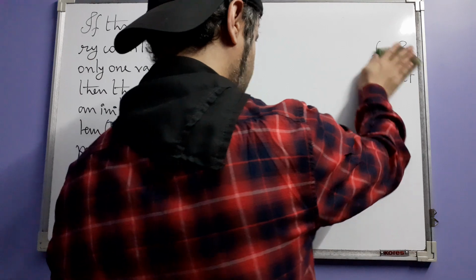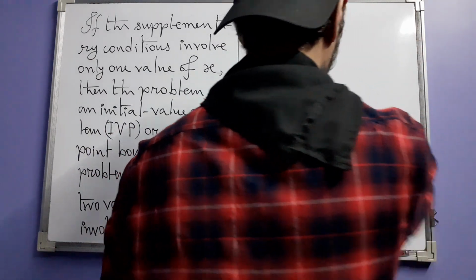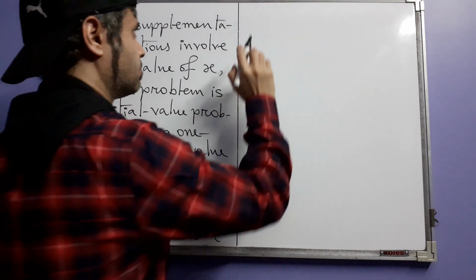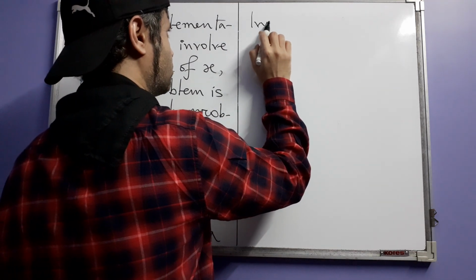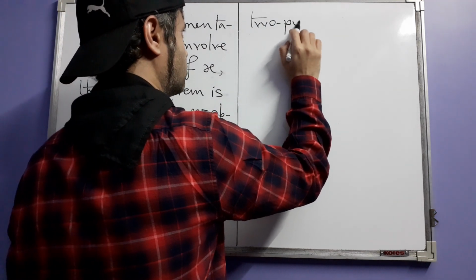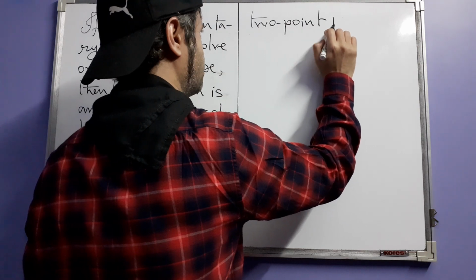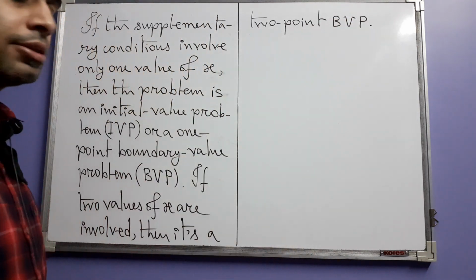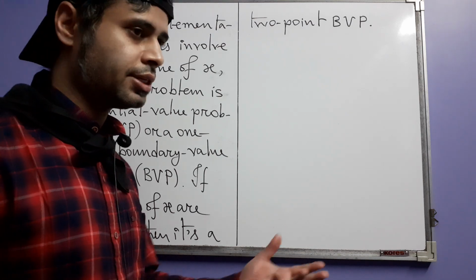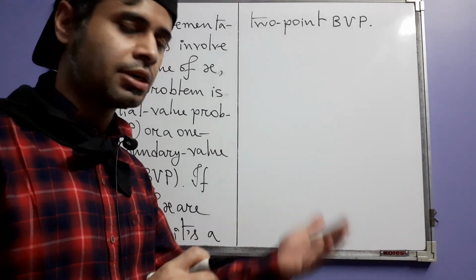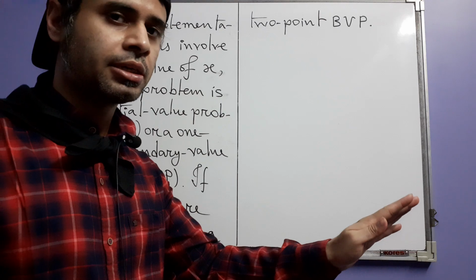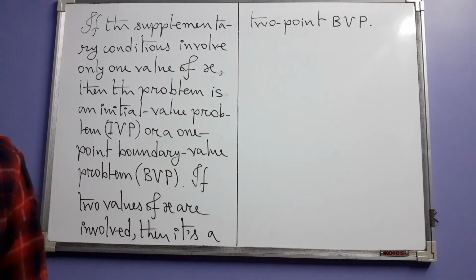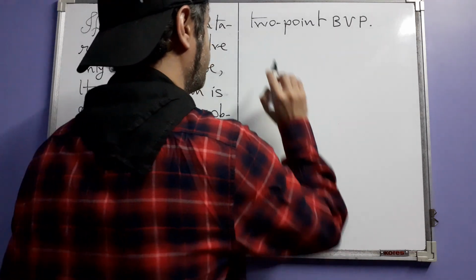We are going to see some examples after this which will make this classification more clear. Two-point BVP. Okay, like that 3-point BVP, 4-point BVP. In general, this type of problems where you have a differential equation with some supplementary conditions are called boundary value problems. Let us next see this example.